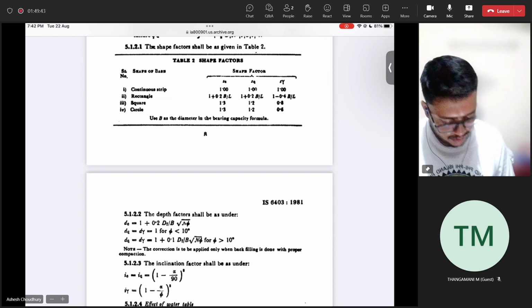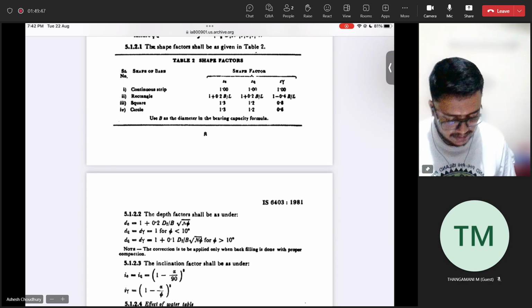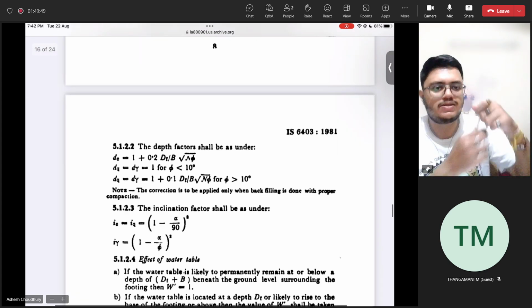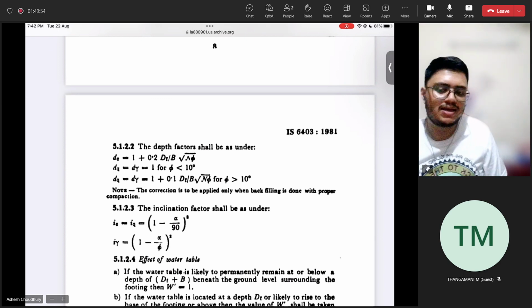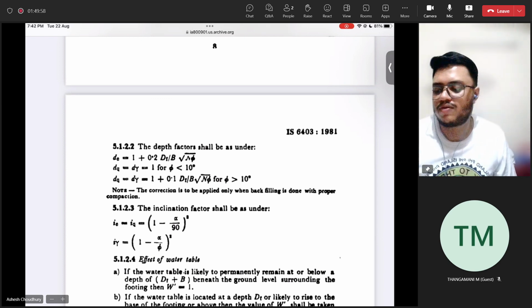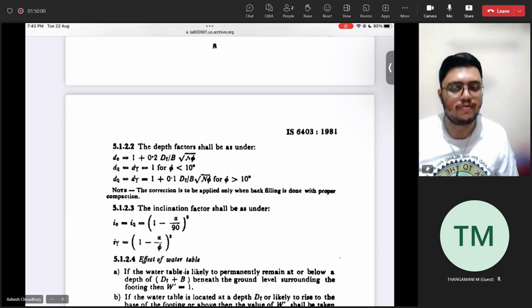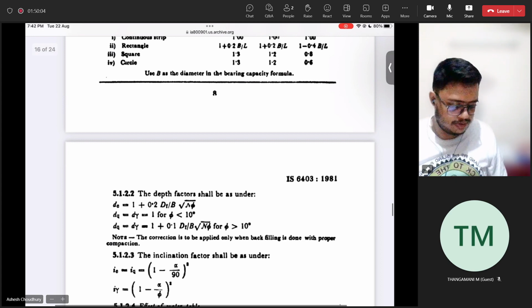And I is the inclination factor, which accounts for the load being applied at some inclination. In our case this will be 1 only, because our load is completely vertical and there is no inclination. So I's will be 1, S's will be 1. These D's we need to determine.